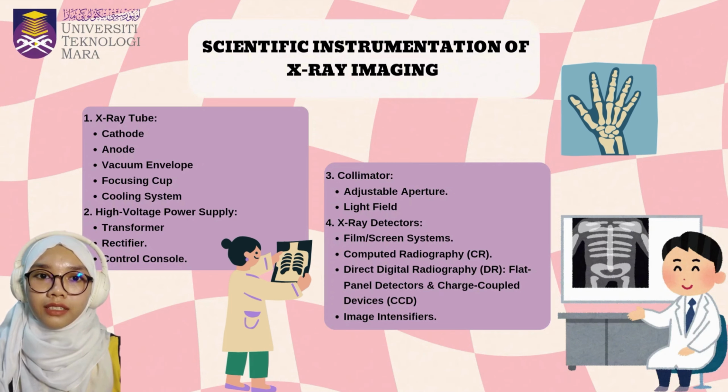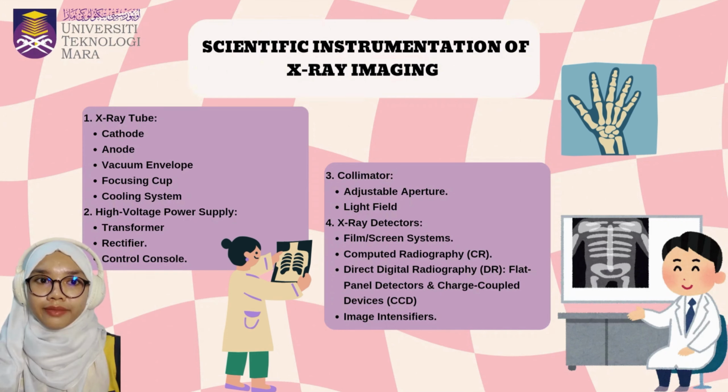Fourth, focusing cup, shape the electron beam to ensure it hits a small target area on the anode, producing a focused X-ray beam. Lastly is cooling system, either oil or water cooler to dissipate the heat generated during the X-ray production. Second is high voltage power supply.